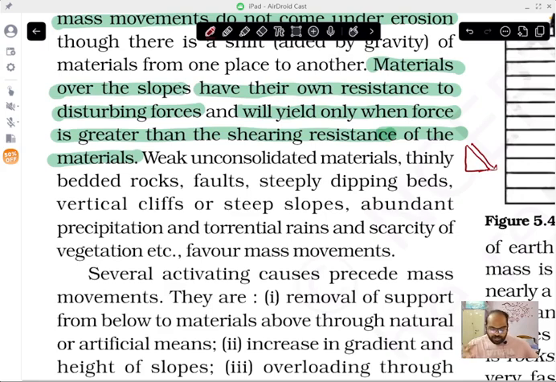The rock materials that are on that slope have their own resistance to the disturbing forces. They have some internal strength to be in that place.